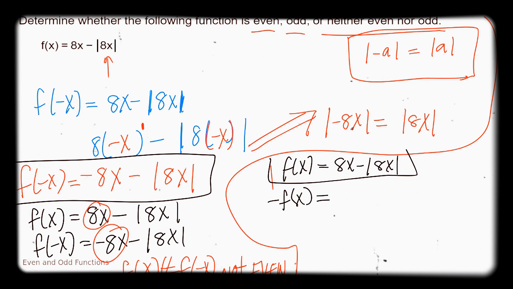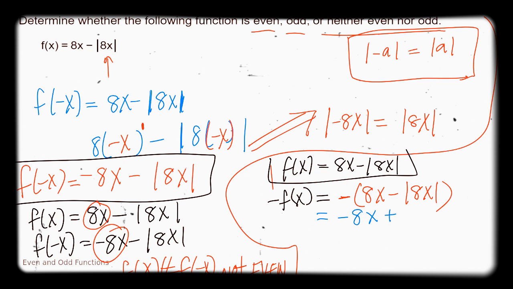So you put a negative in front of the original one, and it's just going to change all the signs. So now I have negative 8x plus the absolute value of 8x.